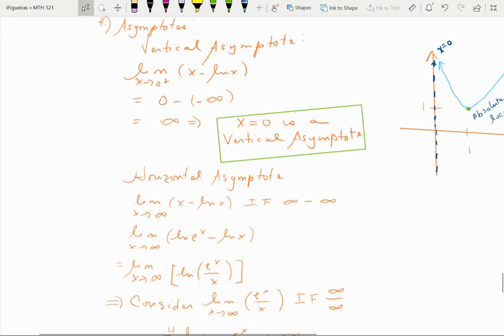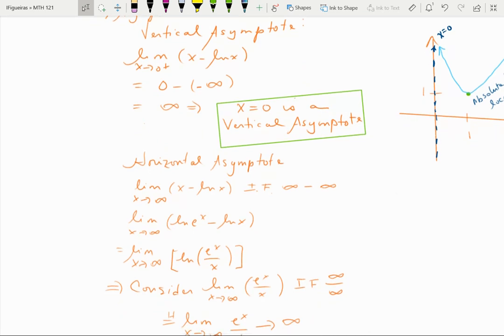All right, horizontal asymptote. Okay, so let's talk about this conceptually. It's very unlikely that there would be a horizontal asymptote here, and let me explain why. I have the limit as x approaches infinity of x minus ln x. X grows much faster than ln x. So if you remember your graphs, y equal to x would look like this, and y equal to ln x goes like this.